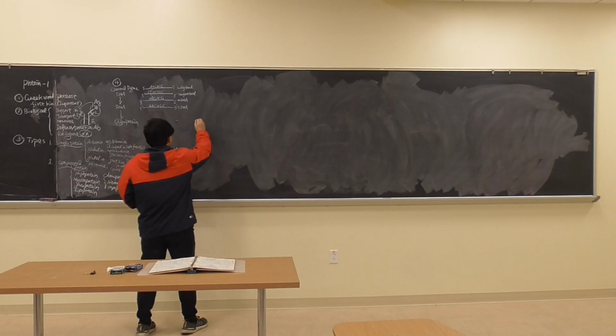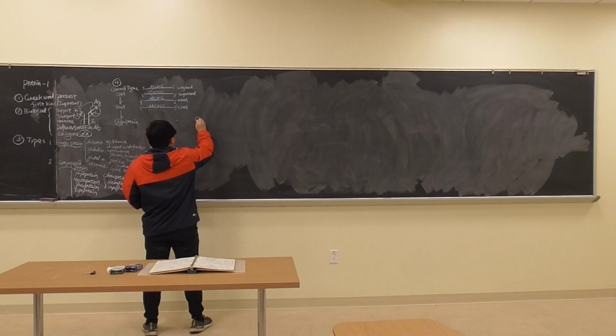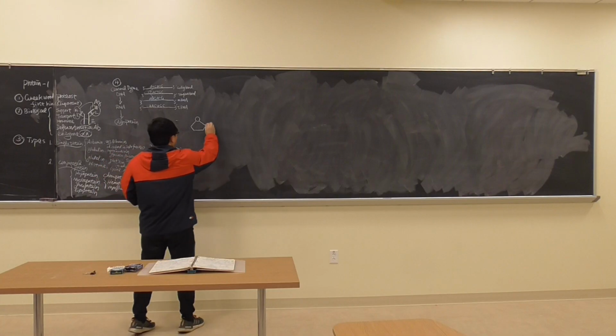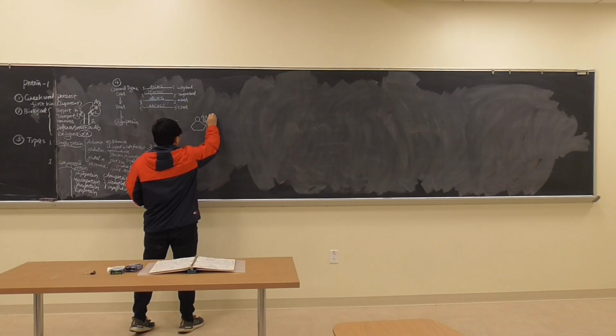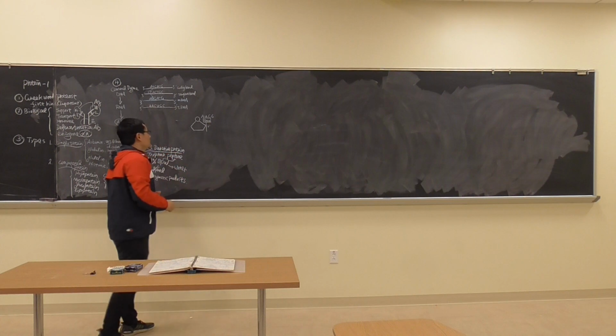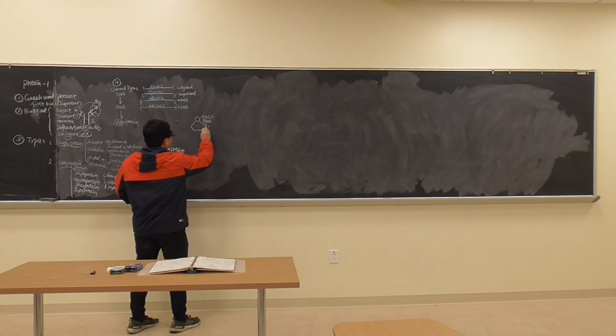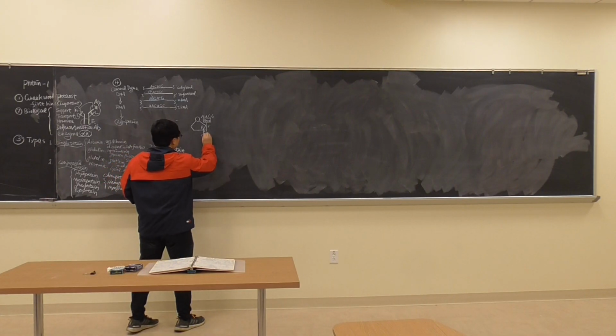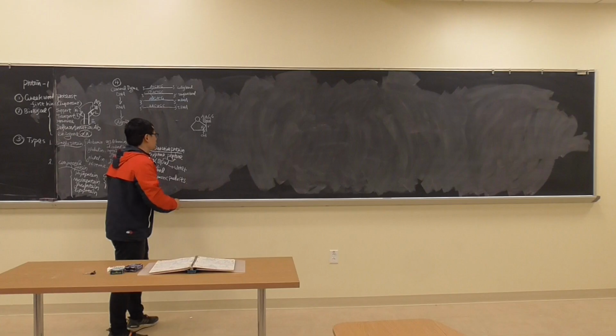So let's say we have a carbon right here. That's a 5-carbon sugar, and on the 1' side we have a base, and the base is A, U, C, or G. Then we go to the 2' carbon.